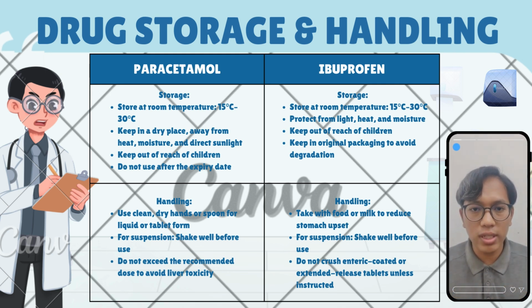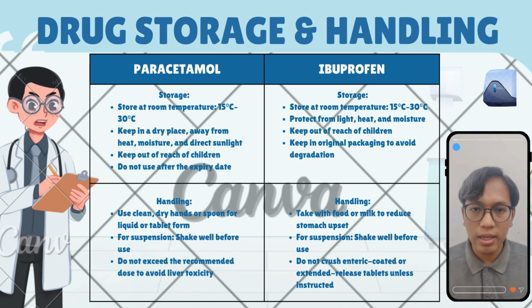Keep out of reach of children and do not use after the expiry date. In terms of handling, use clean, dry hands or a spoon for liquid or tablet form. For suspension, shake well before use. And do not exceed the recommended dose to avoid liver toxicity.